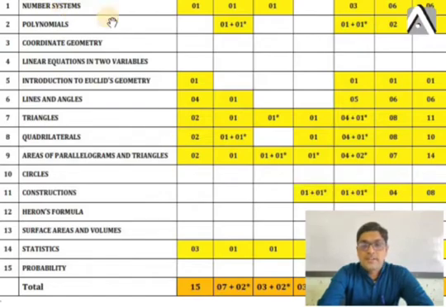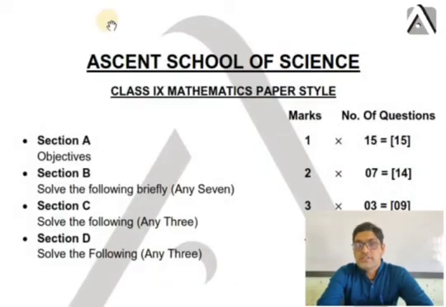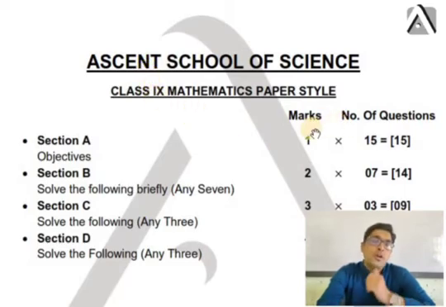Let's see what our paper pattern, the paper style, is. You can check on the screen that in Section A there are 15 questions of 1 mark. These are objective questions: MCQ, fill in the blanks, true or false, and one word or one sentence questions.